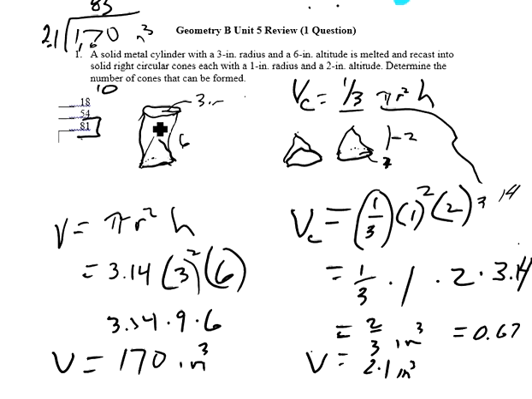Type in geometry formulas, or area and volume of a rectangular prism, area and volume of a pyramid, area and volume of a cylinder, area and volume of a sphere, and area and volume of a cone. It's all you need to look up. So those formulas are available.